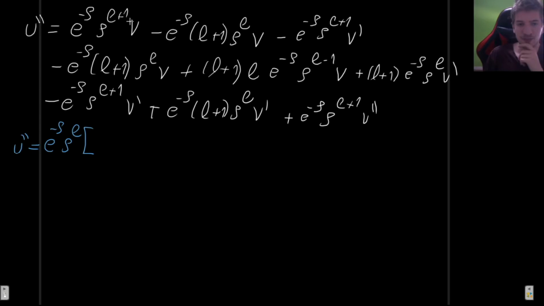Okay, and now factor out the v. So everything that has a v. So this part right here, we took out the e to the minus rho, we took out rho to the L, so all we are left with is rho. This right here, we took out this, so now we're just going to have plus L plus 1. This is, and we already considered this and this. This is v prime, here's another v, so now we will have minus L plus 1.